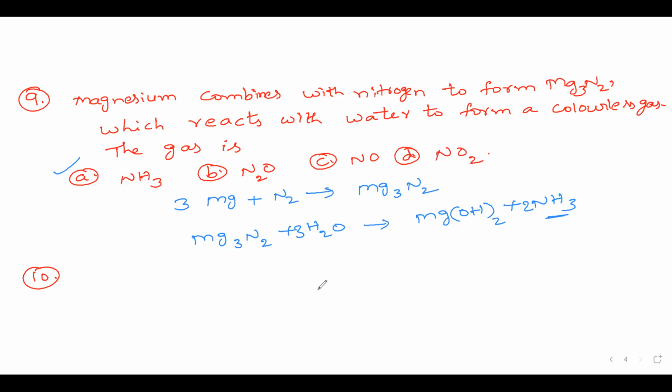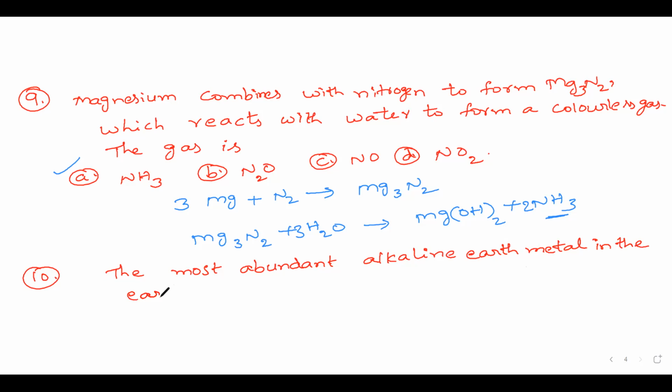Question number 10 now. The most abundant alkaline earth metal in the Earth's crust is, option A, beryllium.